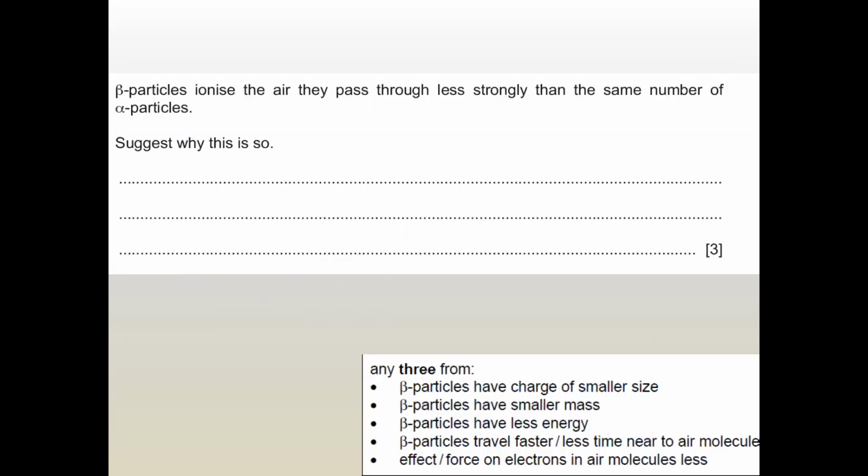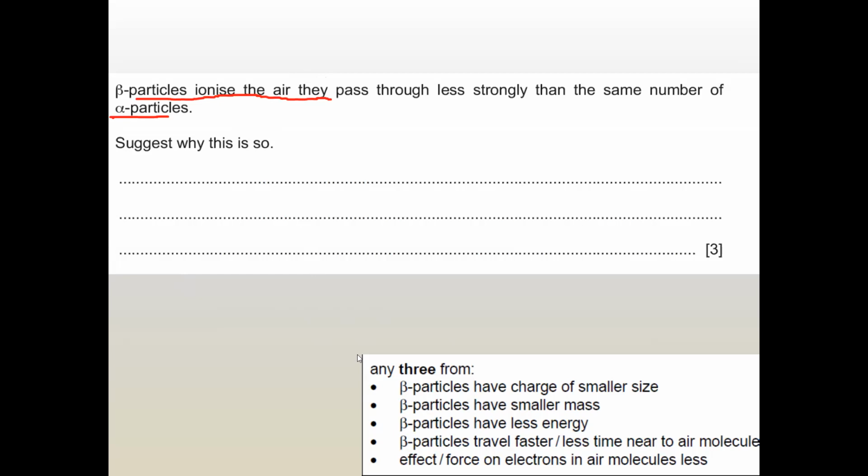When beta particles ionize the air they pass through less strongly than the same number of alpha particles, suggest why this is so. So basically they're asking why beta causes less ionization than alpha. What is the reason for that? You can compare their masses and charge.